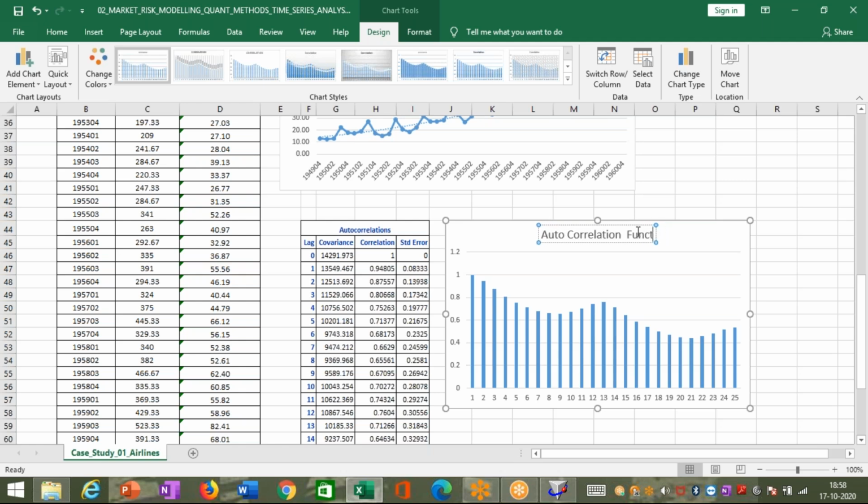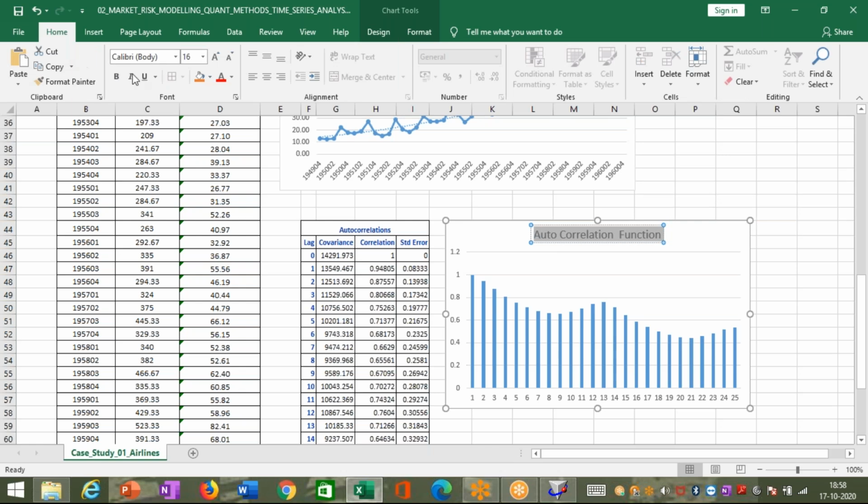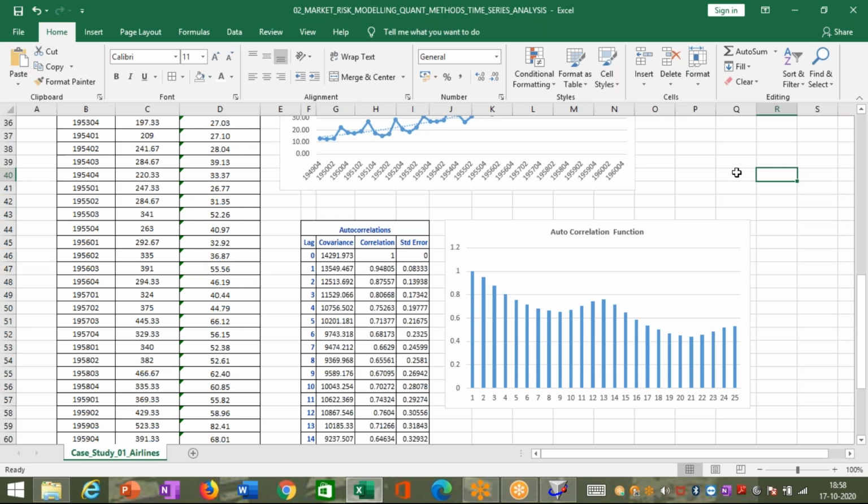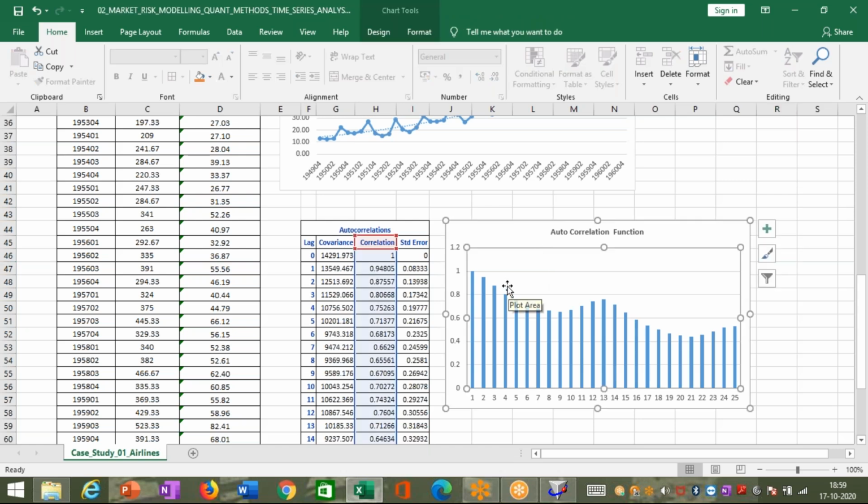You have the autocorrelation function. Okay, so this is the autocorrelation function.